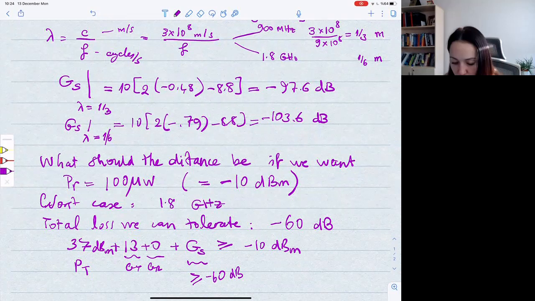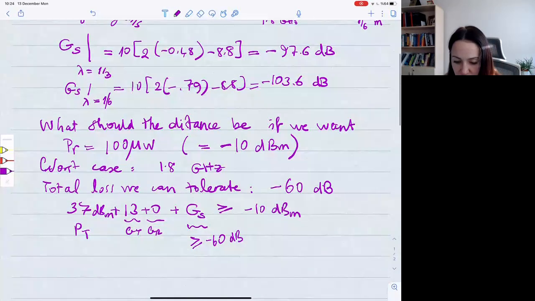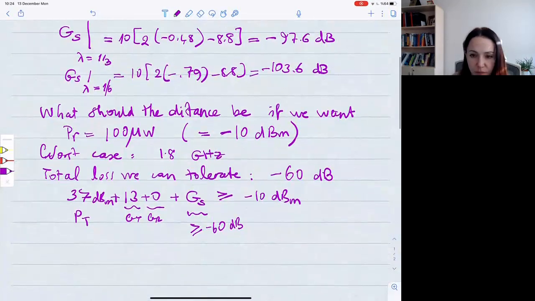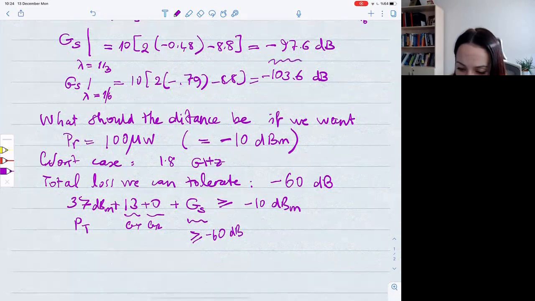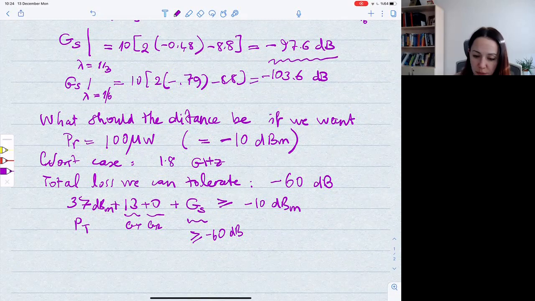Okay. So then what is the maximum distance that will ensure that that is satisfied? Well, can we make use of the already calculated things? So here, for example, we got minus 97.6 dB at 2 kilometers. Oh, I'm sorry, we're using the other frequency.